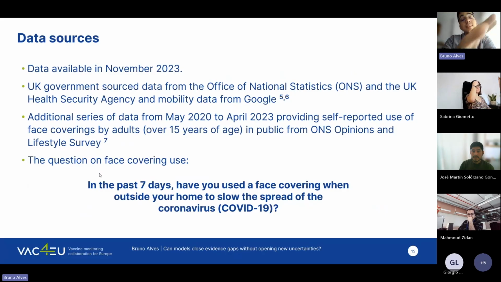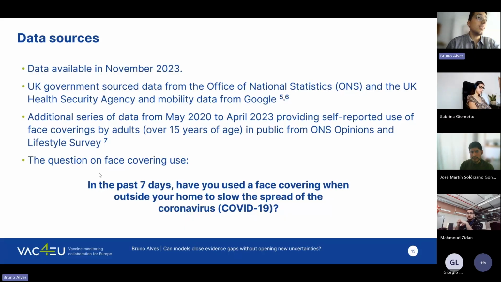And this is the question that supported the gathering of data: In the past 7 days, have you used a face covering when outside your home to slow the spread of the coronavirus? We can discuss this question a little after this slide. However, I would like to highlight that these time series don't have any data regarding, for instance, the type of mask that people used or how consistent their use was.